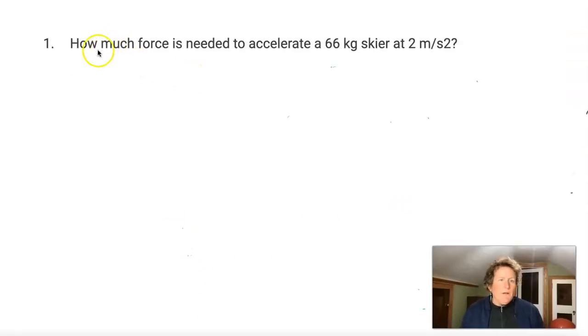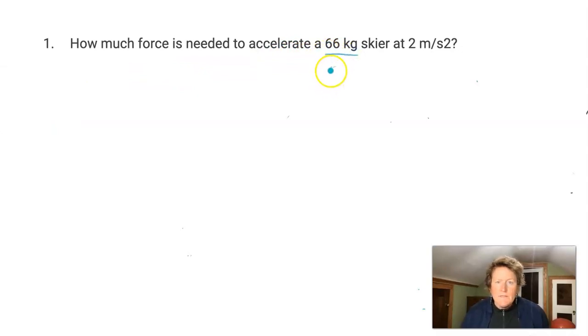So I have a Jamboard here, and this is question number 1: how much force is needed to accelerate a 66 kilogram skier at 2 meters per second squared? Let's figure out what we have here.